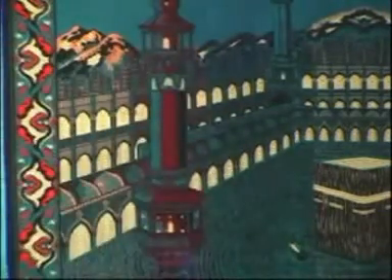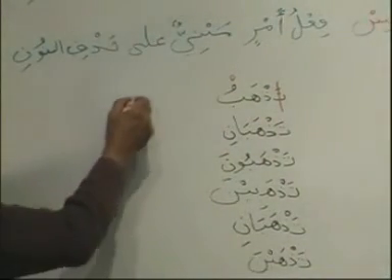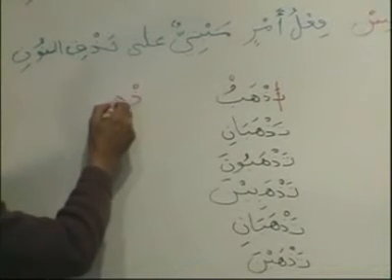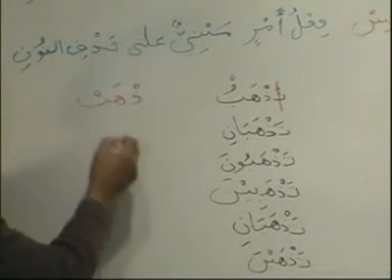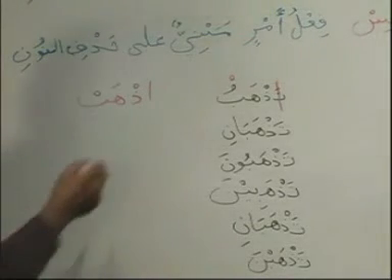And Tadhhabu, brothers and sisters, I have to remove Ta here. Okay, so it is... now I have to bring Hamza. What vowel sign shall I give? Kasra. That's all.